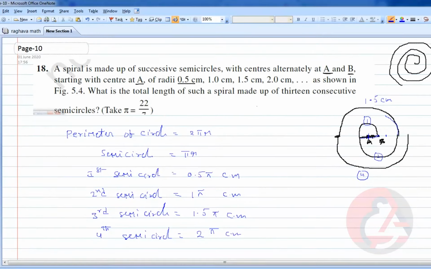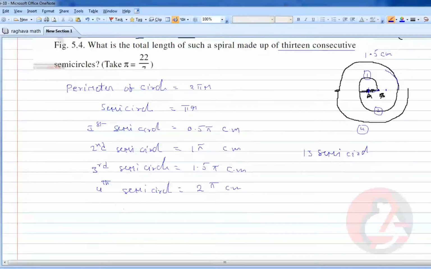But up to how many semicircles is it formed? What is the total length of such a spiral made up of 13 consecutive semicircles? See, he has drawn up to 13 semicircles. So the length of the spiral is the sum of the perimeters of all 13 semicircles.